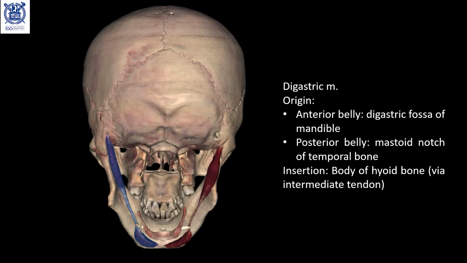The digastric muscle is involved in any complex jaw action such as speaking, swallowing, chewing, and breathing. When the digastric muscle contracts, it acts to elevate the hyoid bone. If the hyoid is being held in place by the infrahyoid muscle, it will tend to depress the mandible. So, it opens the mouth.